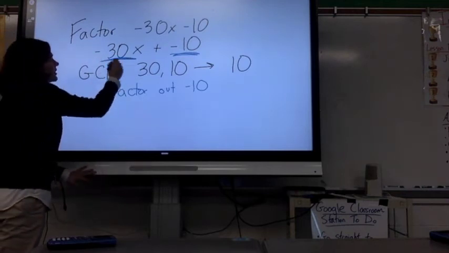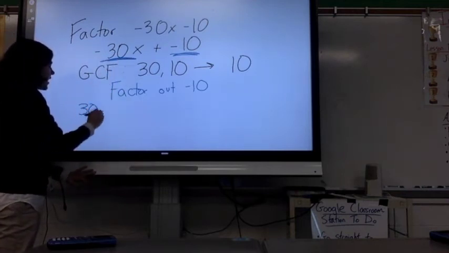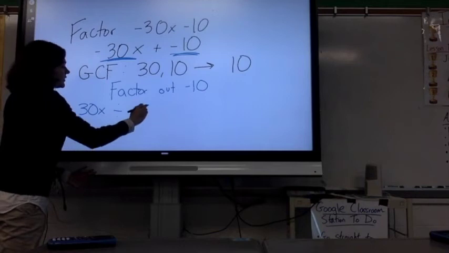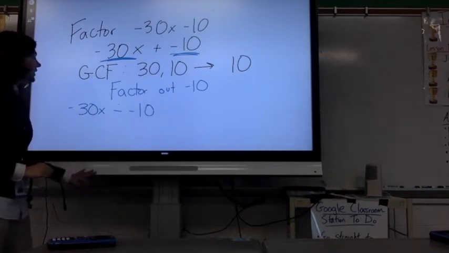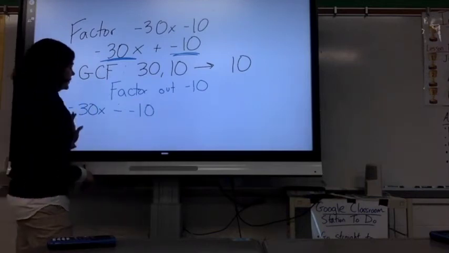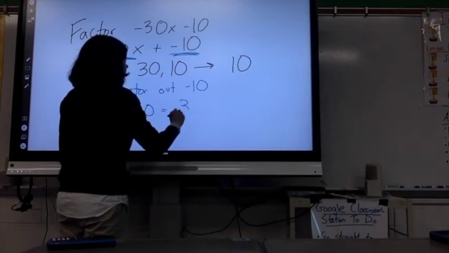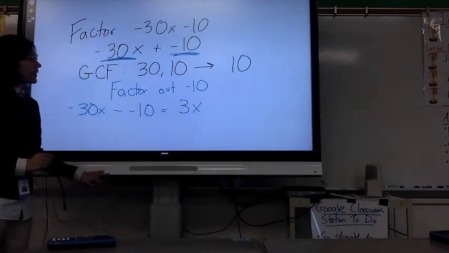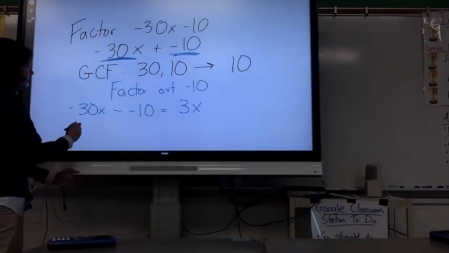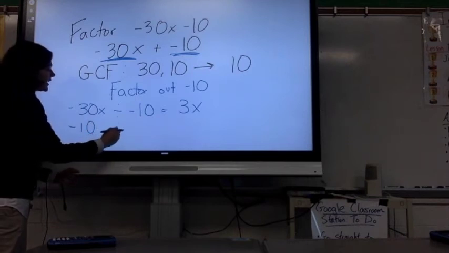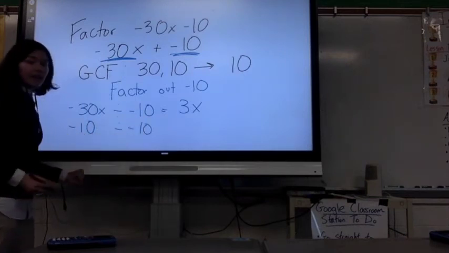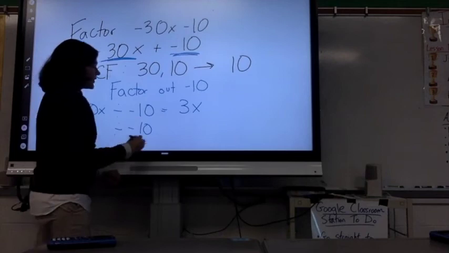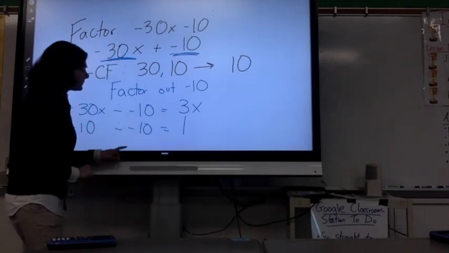So I'll take my terms, negative 30x, and I'm going to divide by that negative 10 that I'm factoring out. Negative 30x divided by negative 10 is 3x. Then I have negative 10, and I'm going to divide by negative 10. Any number divided by itself is 1, so we get 1.